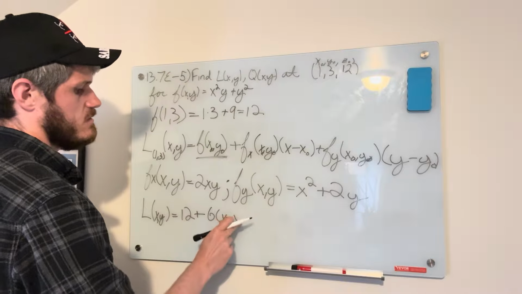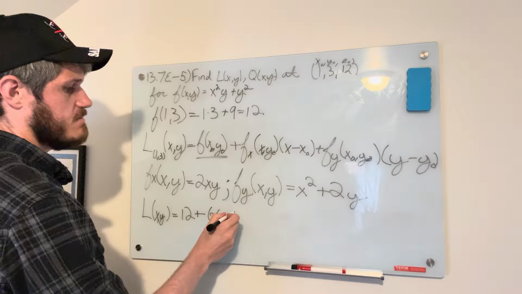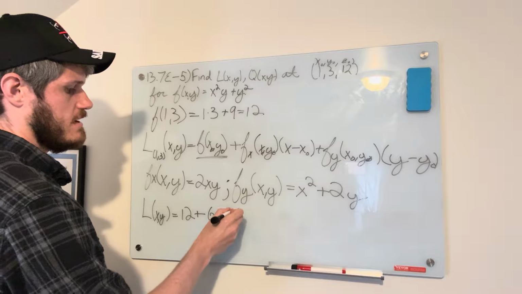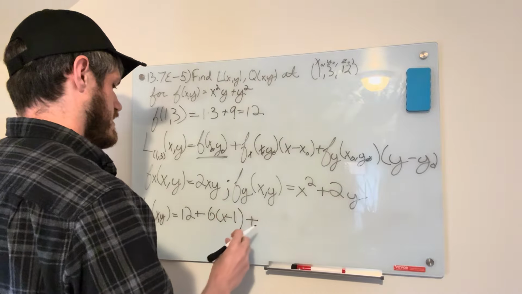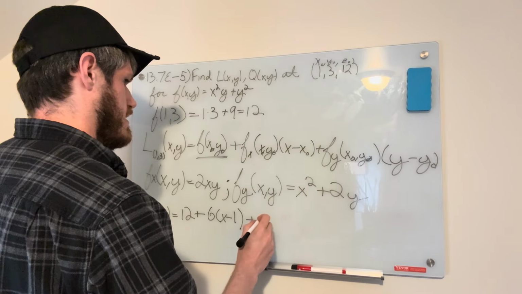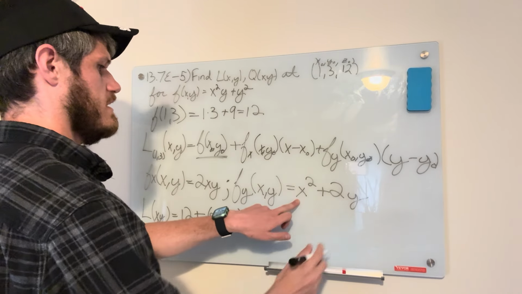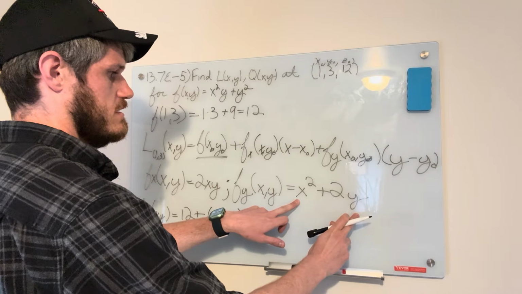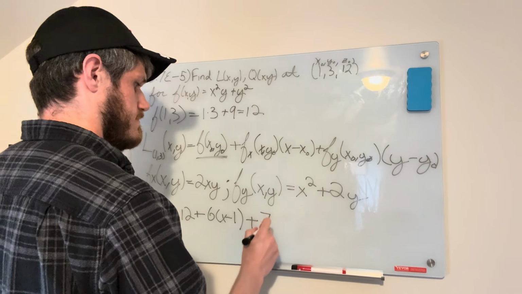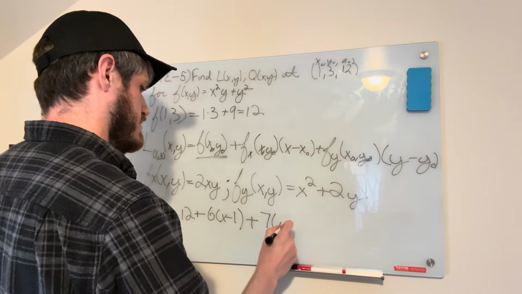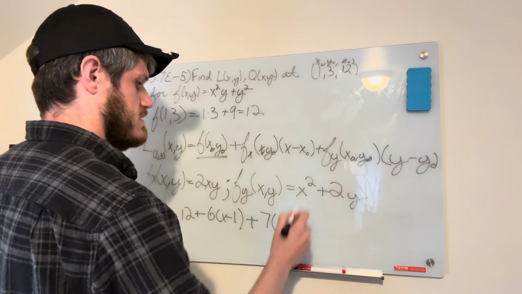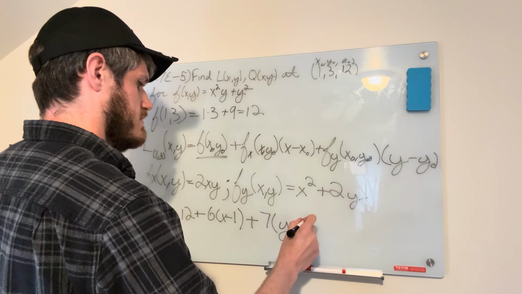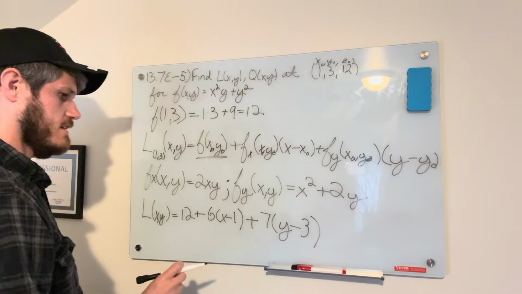And we have this x minus the point that we're evaluating at, which is 1. And then we are going to have this evaluated, so 1 plus 2 times 3, 7, quite possibly. y minus the point that we're using, where y is equal to 3.